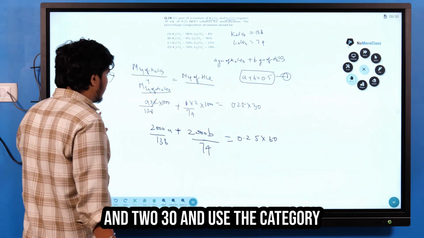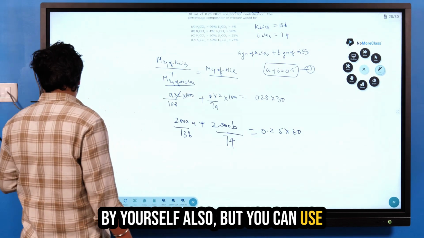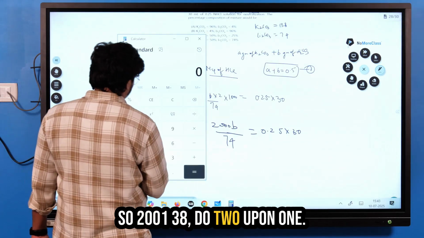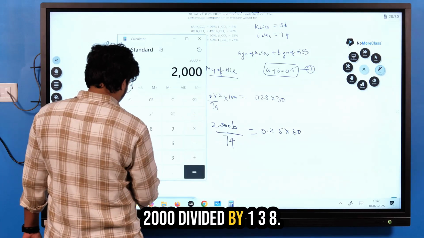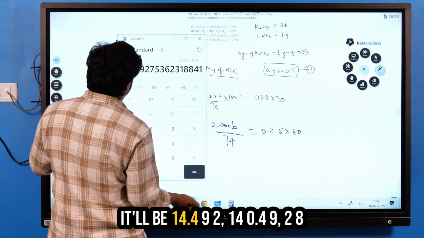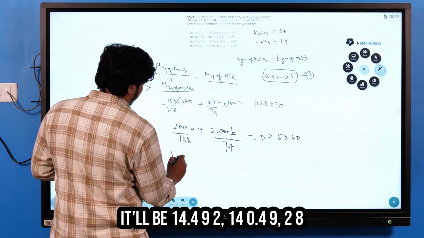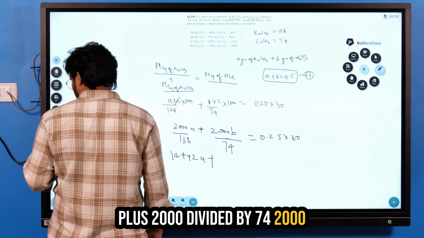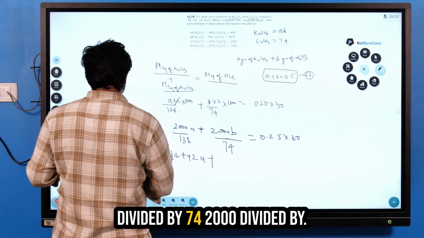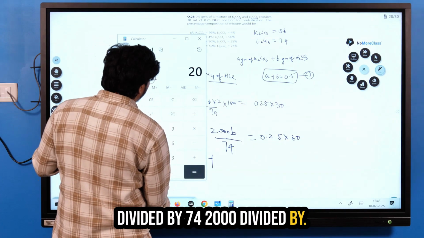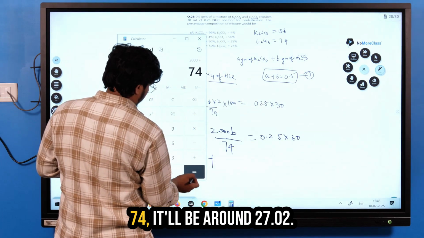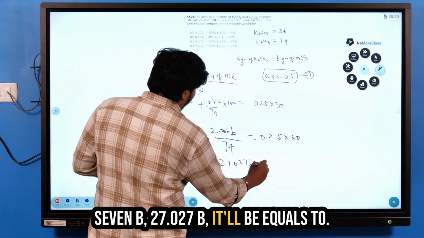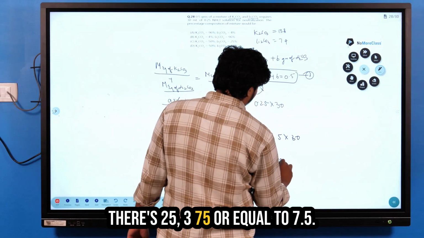You can solve it by yourself, but it is much easier to use a calculator. 2000 divided by 138 is 14.492, so 14.492 A, plus 2000 divided by 74, which is around 27.027 B, equals 7.5.